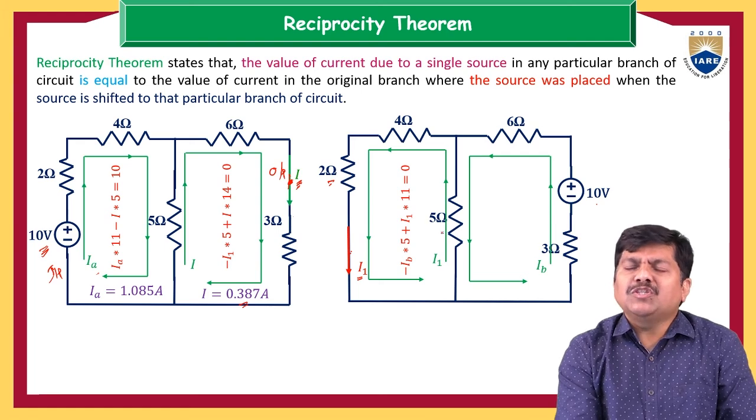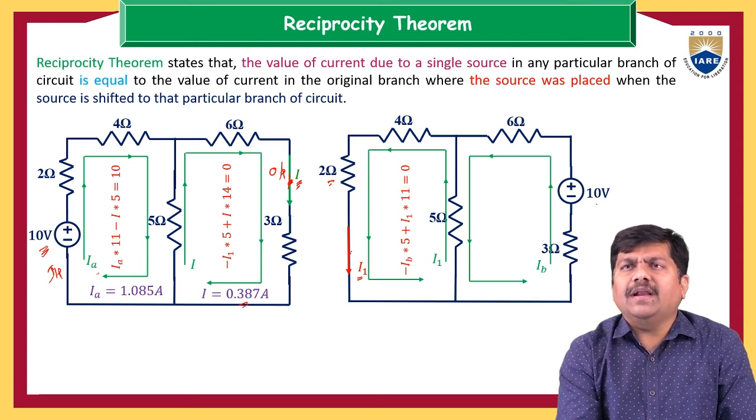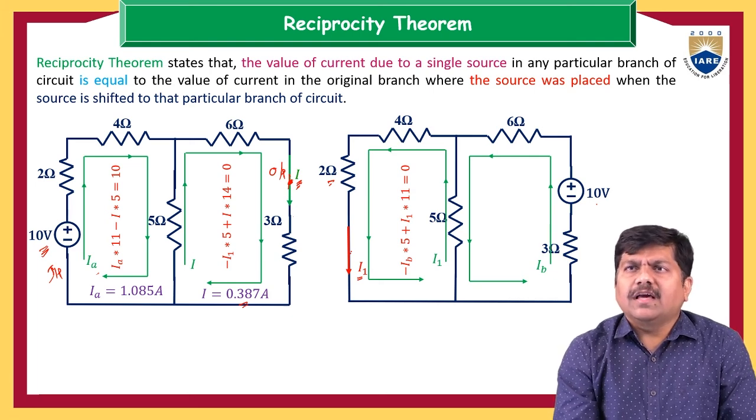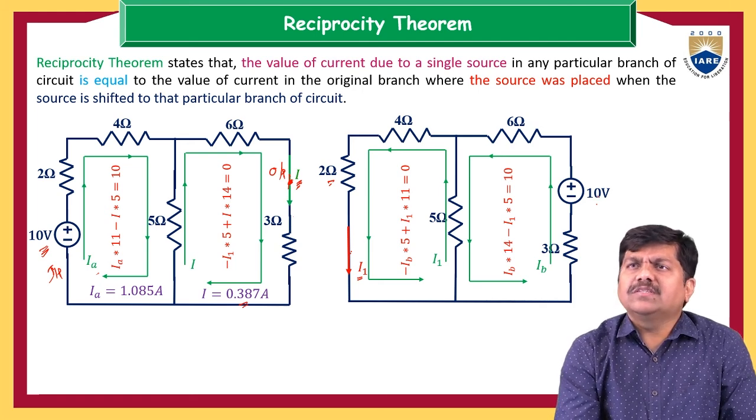So in whichever loop you are working, give that respective loop current as positive, and the other currents based on the directions. Whether it is in the same direction, take it as positive, or in the opposite direction, consider that current as a negative current. So the voltage balance equation of the second loop is 14 IB minus 5 times I1 is equal to the active voltage source value, 10.